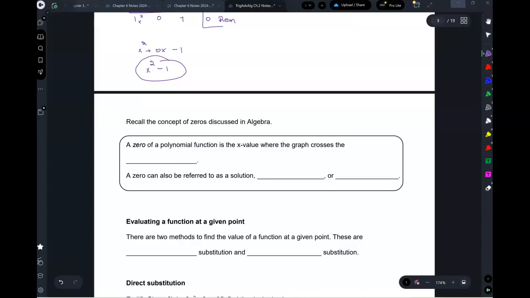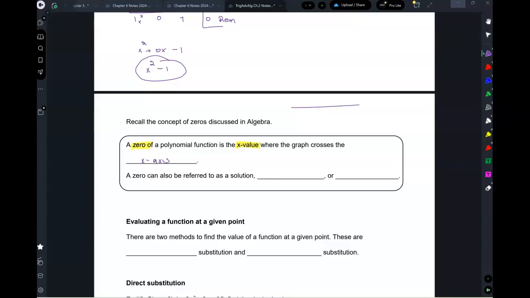All right, so what did we talk about in algebra? We talked about zeros. And in there, we said a zero of a polynomial function is the x value where the graph crosses the x-axis.